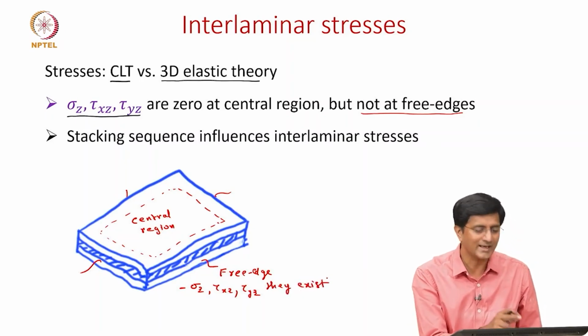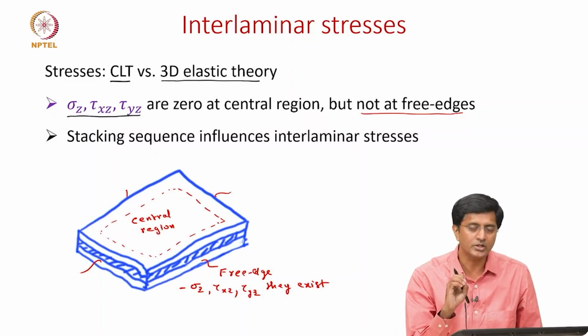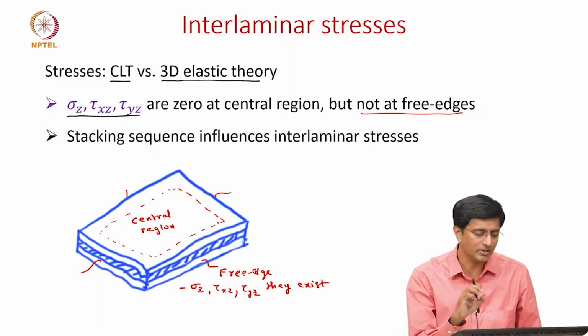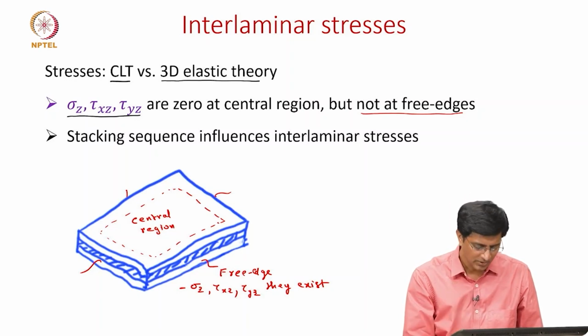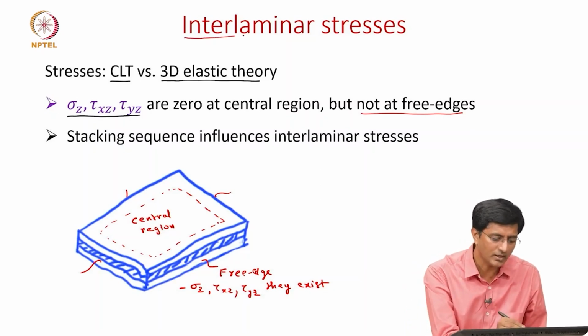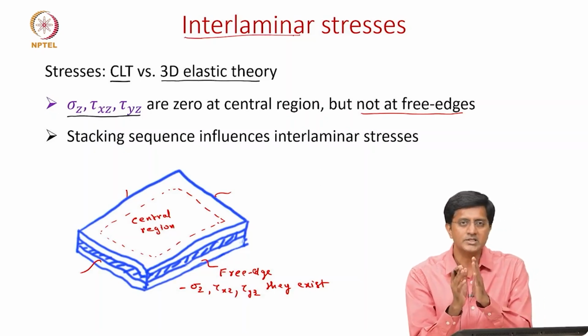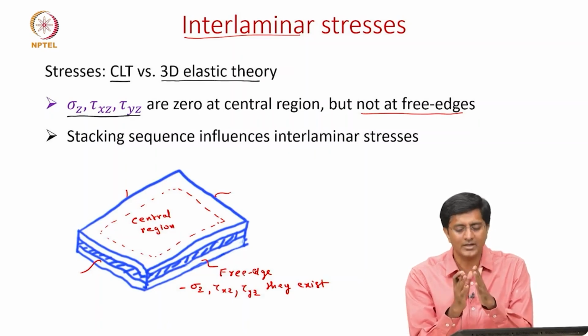According to the classical laminate theory, we said that there are no out of plane stresses. But if we look into the 3D stresses, which come from either theory of elasticity or 3D finite element analysis, we notice that these stresses exist. And why are we discussing these stresses? Because once we have stresses between two layers, which we now call interlaminar stresses, these stresses beyond a threshold value can create failures at the interface.